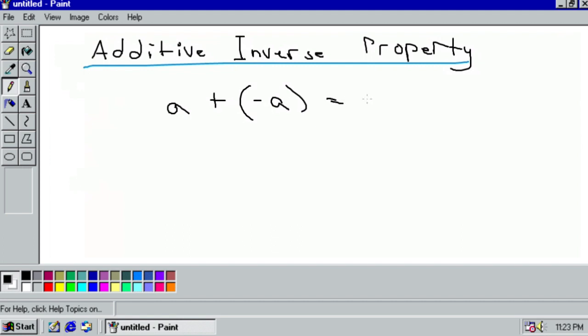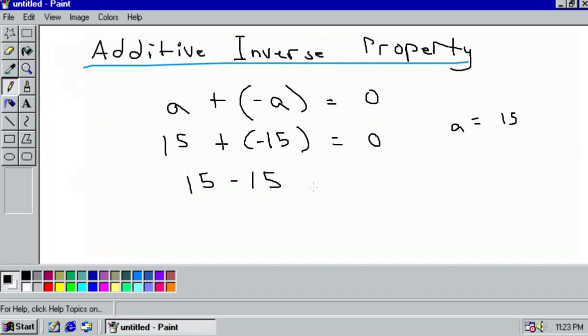So it states that this is equal to 0. Let's have a value, say 15. 15 plus negative 15 is equal to 0. This is the same as 15 minus 15, which really is equal to 0. So this property is true.